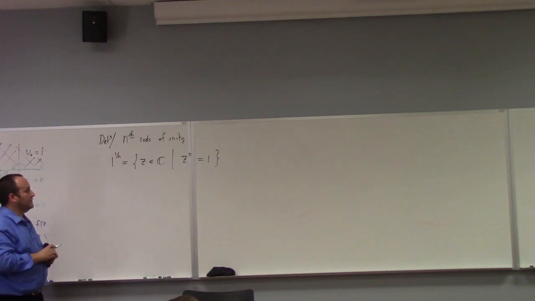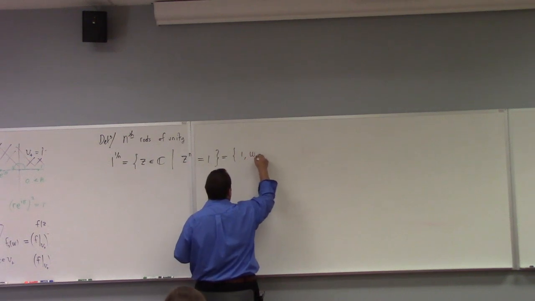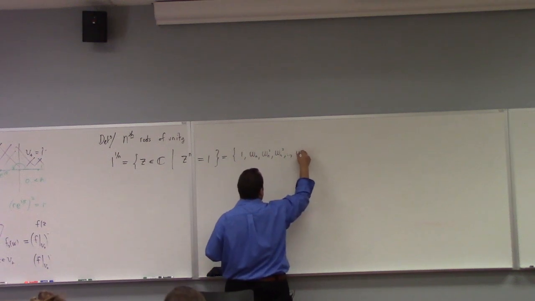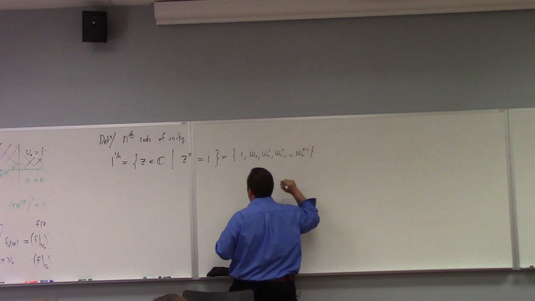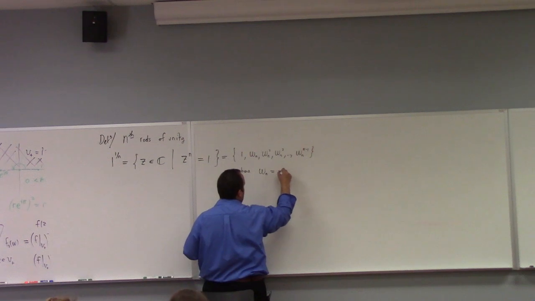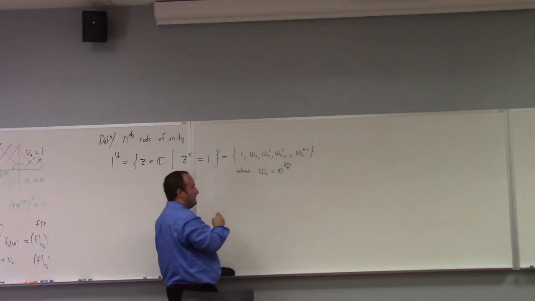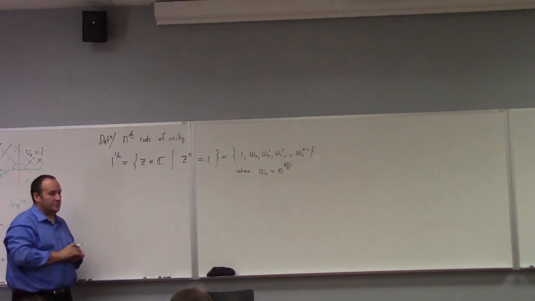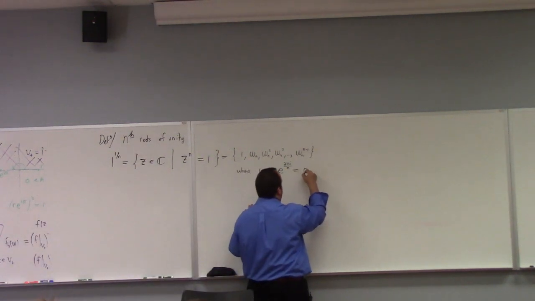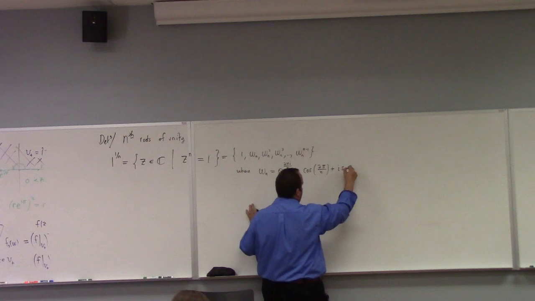Now you can prove that this is in fact the set 1, omega sub n, omega sub n squared, omega sub n cubed, up to omega sub n to the n minus 1, where omega sub n is equal to e to the 2 pi i over n. This is the so-called principal nth root of unity. Now what that means, since I know you guys aren't all familiar with this, is cosine of 2 pi over n plus i times the sine of 2 pi over n.